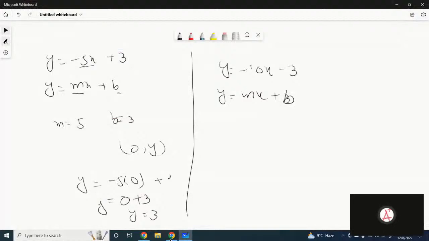Just compare the equations. m equals -10 and b equals -3. That is actually the y-intercept. Got it? Or the other way to find the y-intercept: on the y-intercept, all the x values must be 0. Got it?